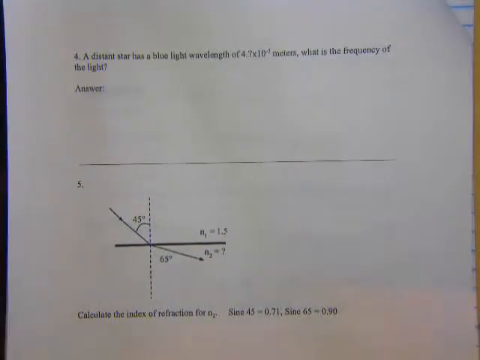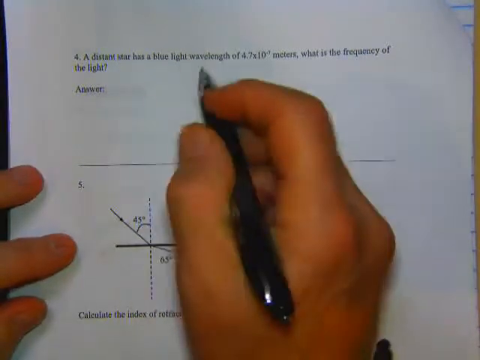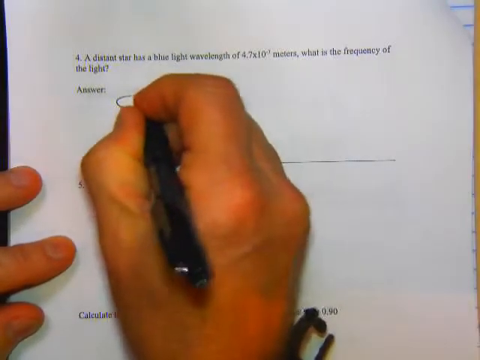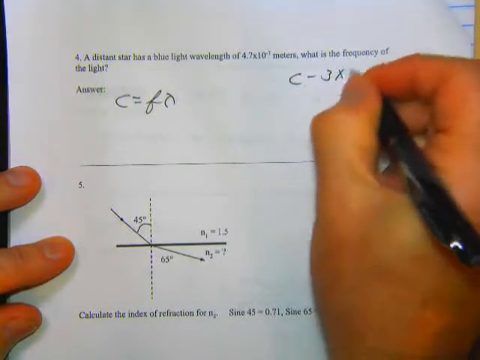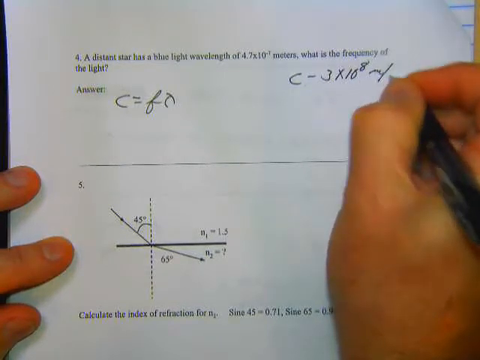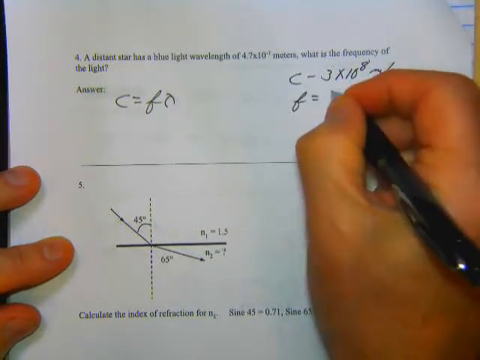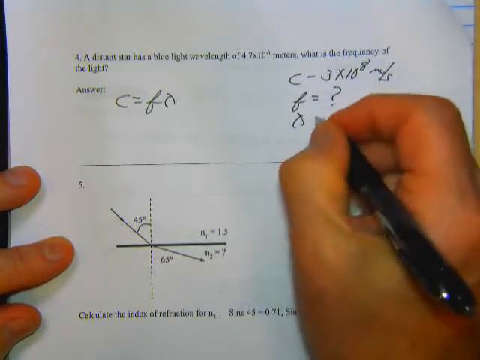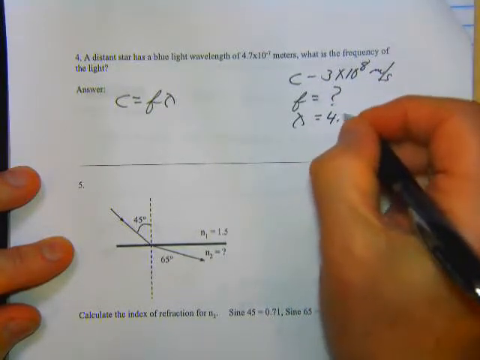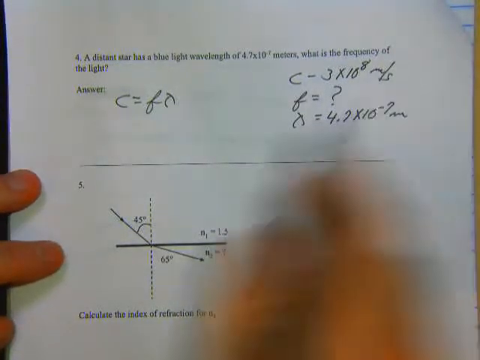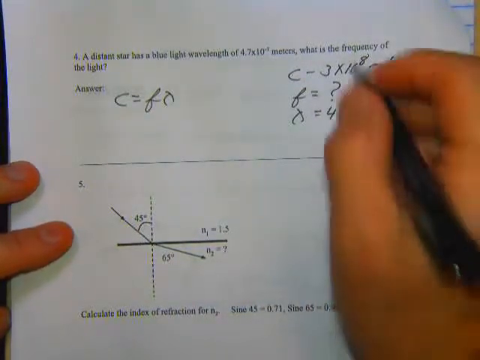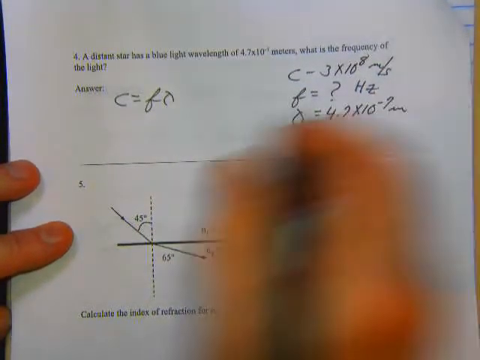A distant star has a wavelength of 4.7 times 10 to the minus 7th meters. What is the frequency? Again, it's light, so we're going to be using C equals frequency times wavelength. We know C is 3 times 10 to the 8th meters per second. We don't know the frequency, but we do know the wavelength, 4.7 times 10 to the minus 7th meters. I'm not going to put the units on this one, but frequency is measured in hertz.